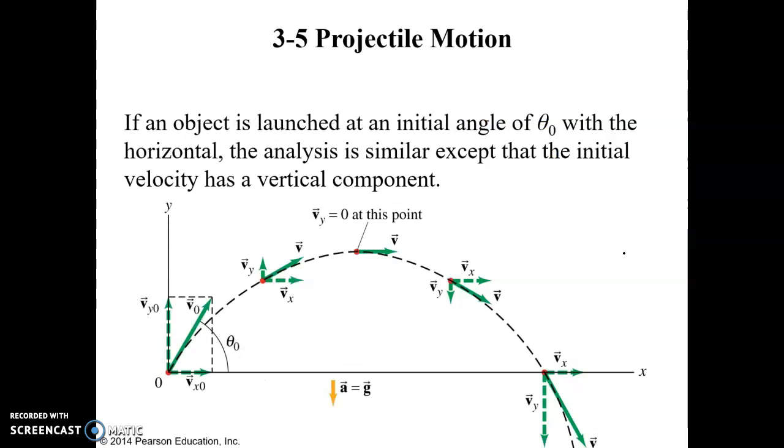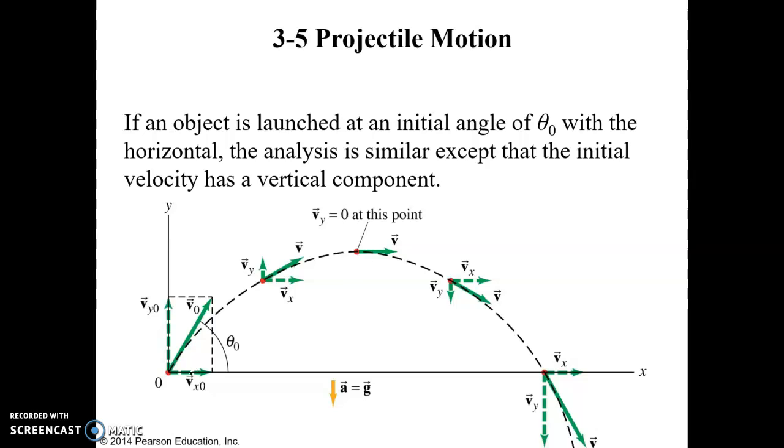So when we analyze projectile motion, we basically need to break it down into two separate problems. We have the horizontal velocity and we have the vertical velocity. The vertical velocity is constantly changing.